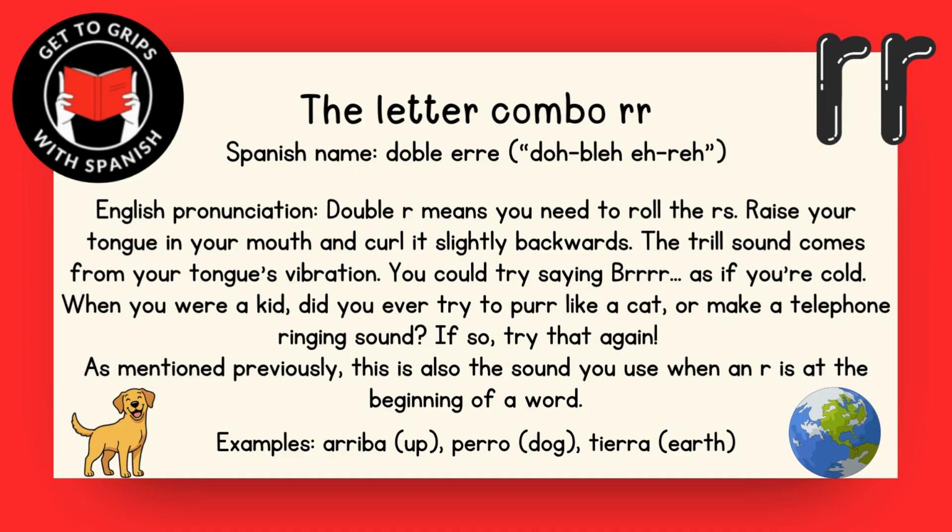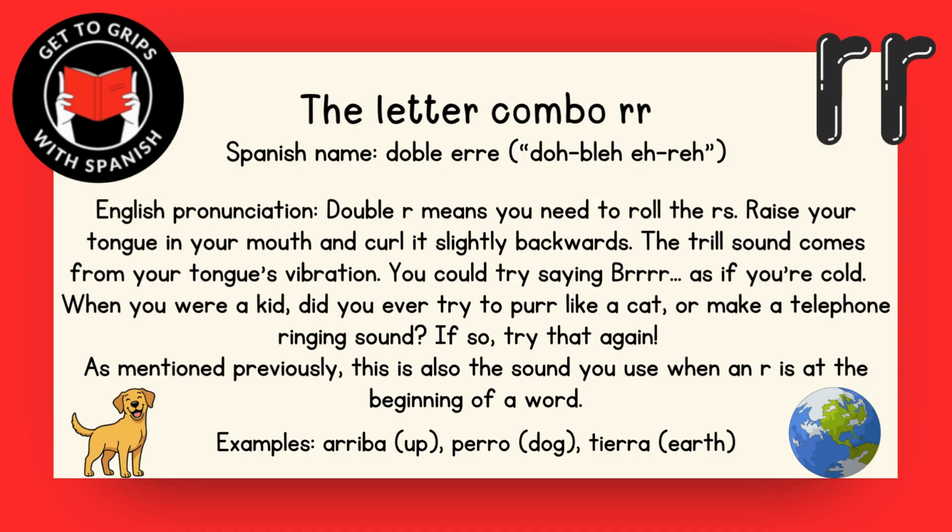The letter combo double R is called erre doble in Spanish. The English pronunciation of the double R means you need to roll the R's. So raise your tongue in your mouth and curl it slightly backwards. The trill sound comes from the vibration of your tongue. You could try saying brrr as if you're really cold. When you were a kid, did you ever try to purr like a cat or make a telephone ringing sound? If so, try that again.